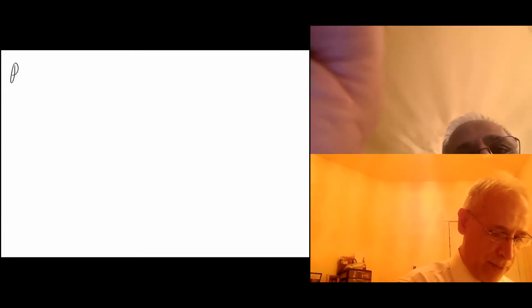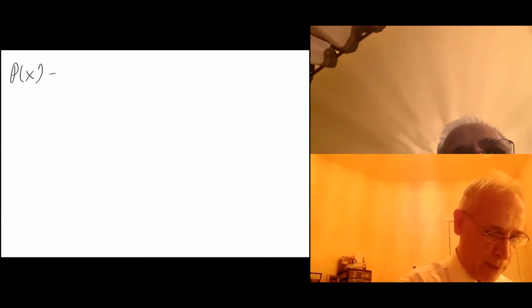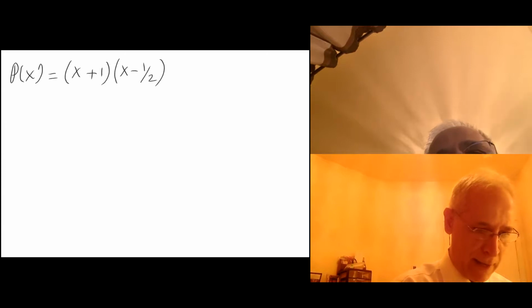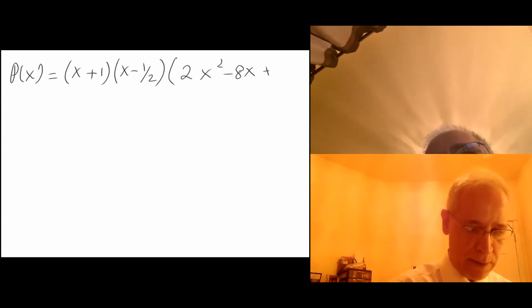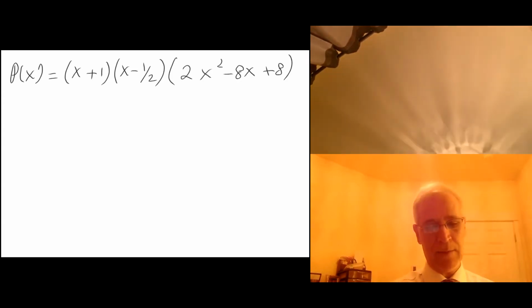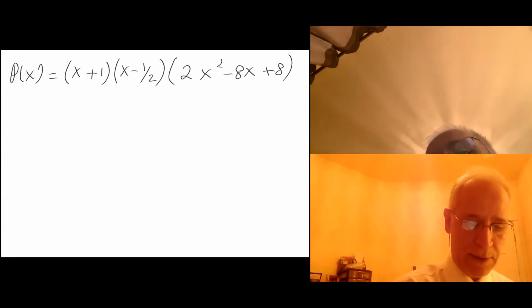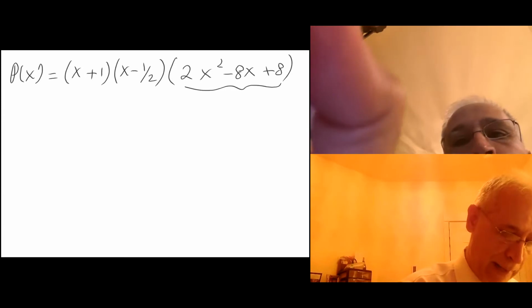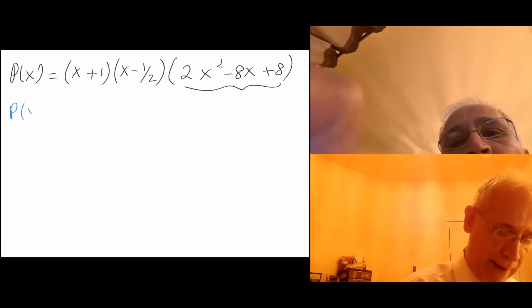We found that p of x equals x plus 1, and we found that x minus 1/2 is a factor, and we were left with 2x squared minus 8x plus 8. Okay, so this I can factor.